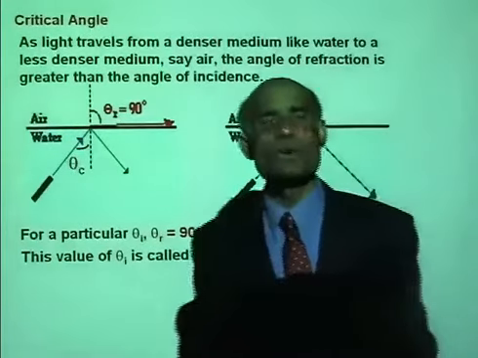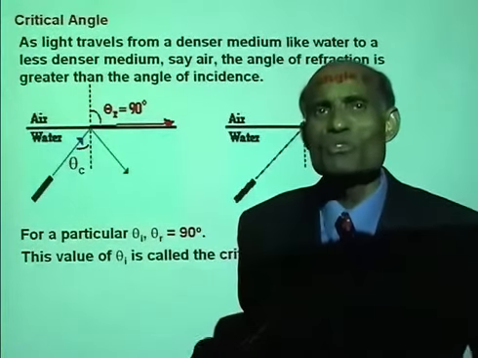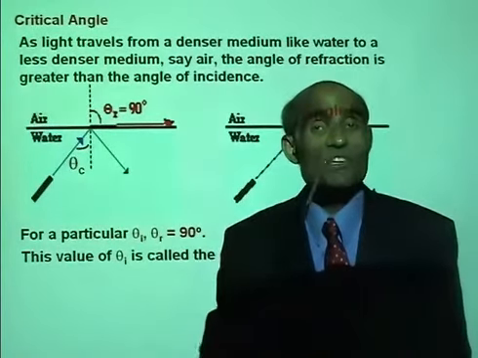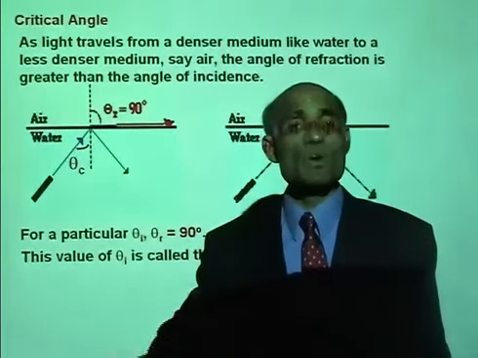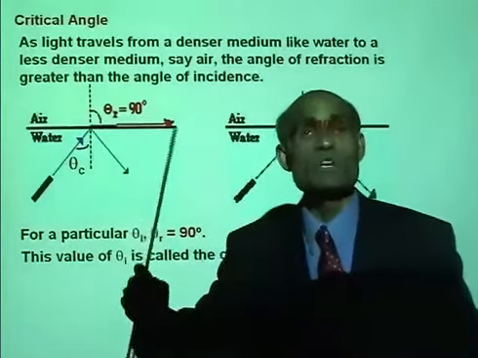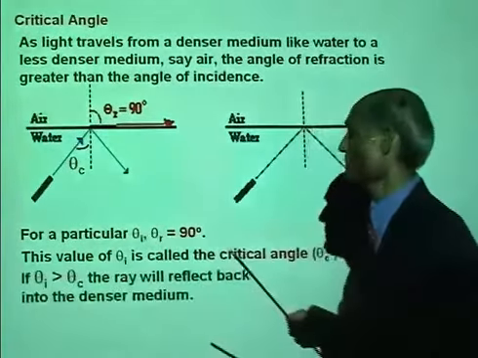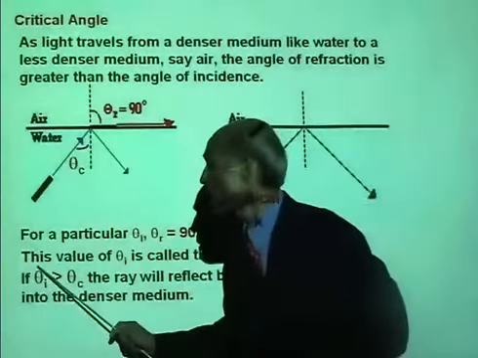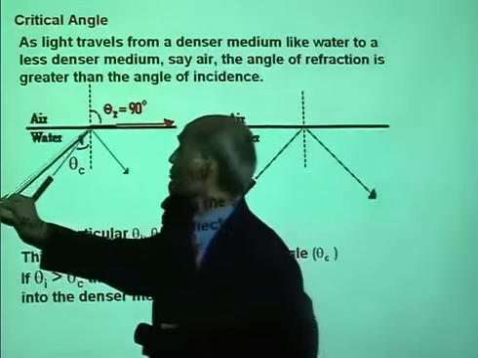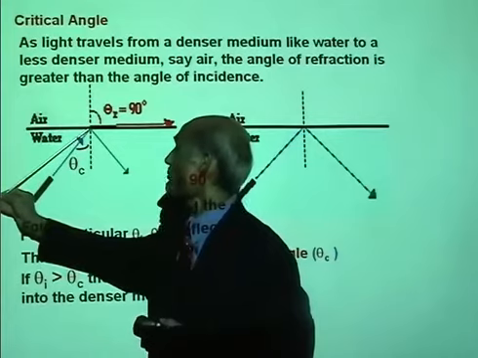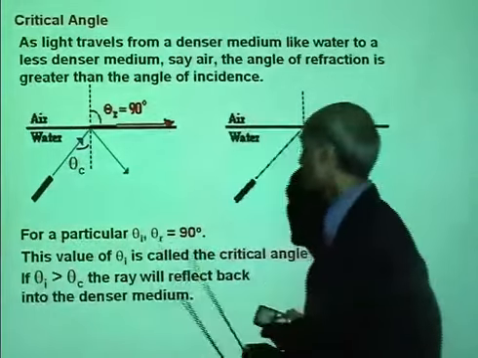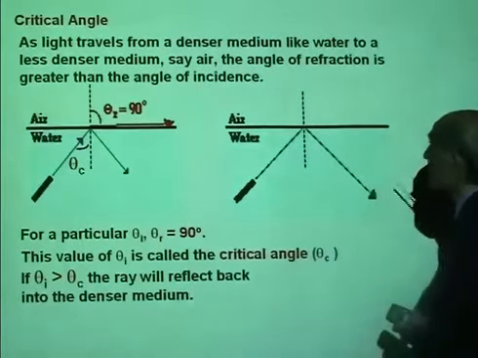So if I ask you to define critical angle, what will you say? Critical angle is the angle of incidence in a denser medium which produces an angle of refraction of 90 degrees in the less dense medium. Now, if the ray falls from water to air at an angle greater than the critical angle, the ray will simply be reflected back.